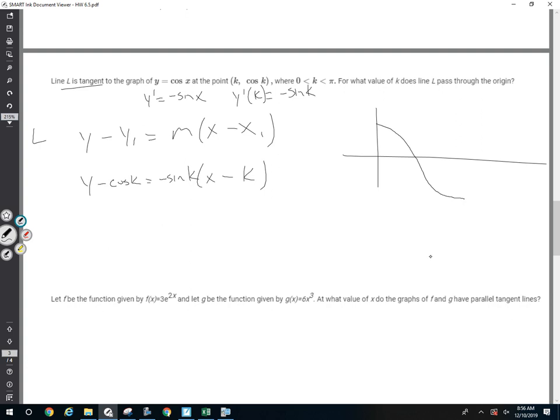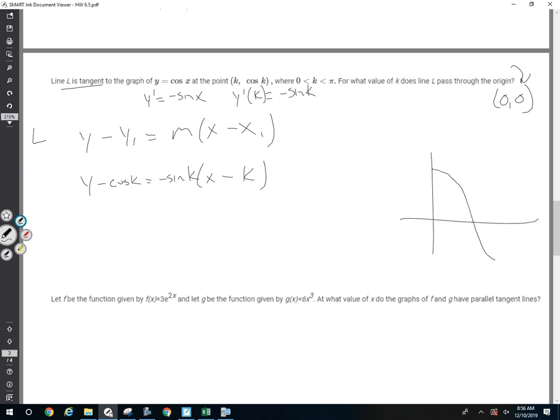Oh, the origin. It's not an x-intercept. It's the origin. The origin is the point 0, 0. I don't know if there's a point like that. If you're talking about from here to here, oh, there you go. Right there.